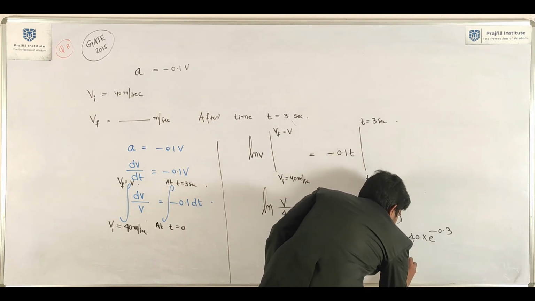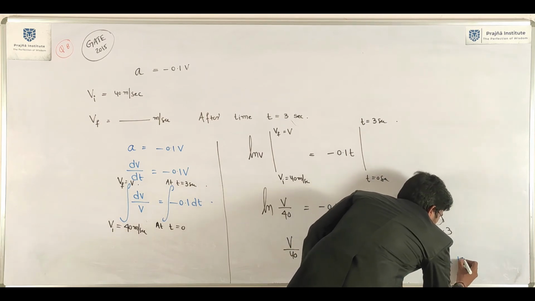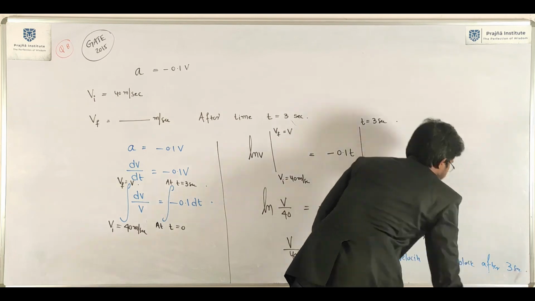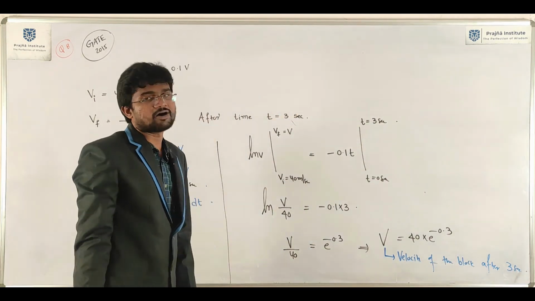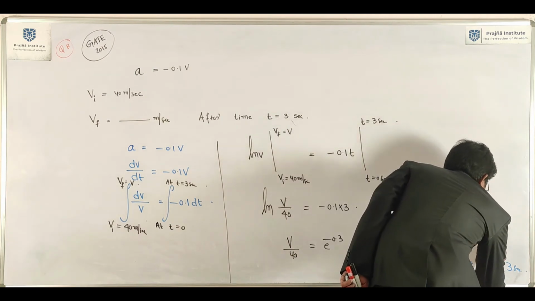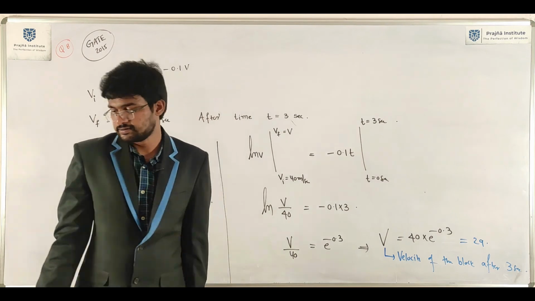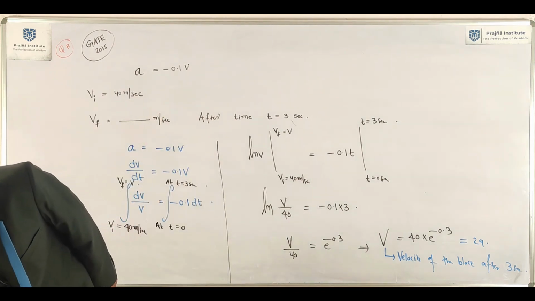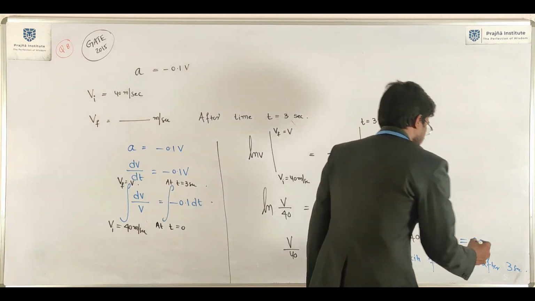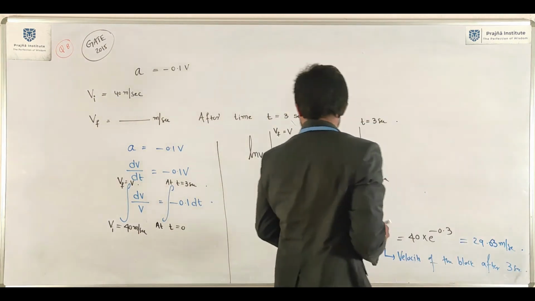It is the velocity of the block after 3 seconds. So how much is this? 29.63, correct, meter per second.